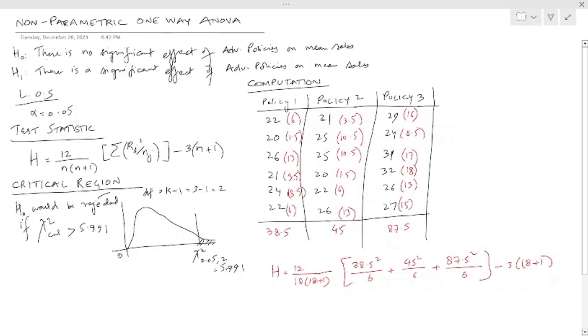Now we work out the inside of the square bracket first, and since the divisor is the same, we can first add the squares of the sums of the ranks, and then divide by 6 in the end. So 1860.583 is the value of the entire term inside the square bracket.